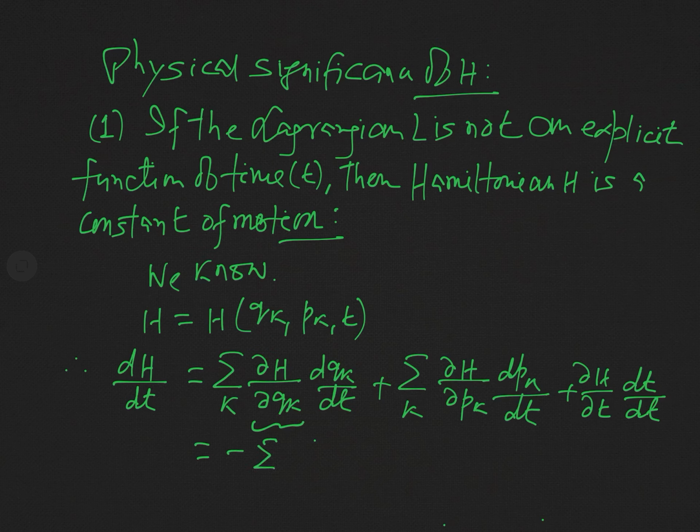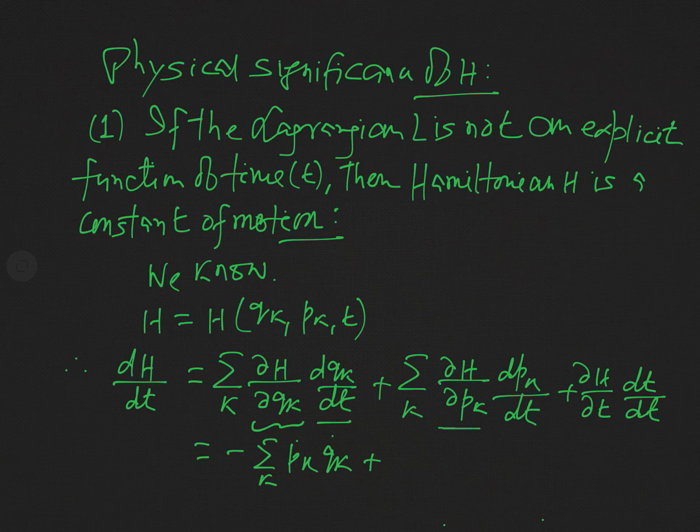So this will be minus summation over k pk dot and dqk by dt, this is actually qk dot, plus del H by del pk.